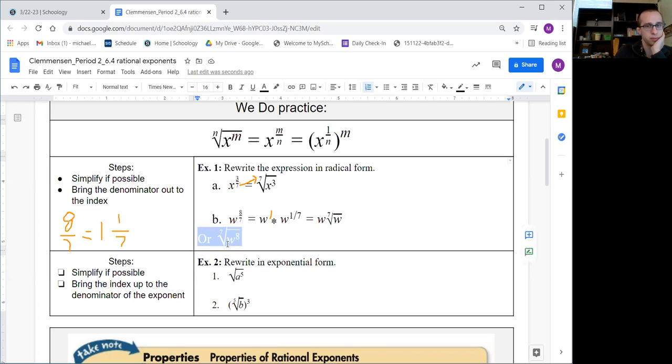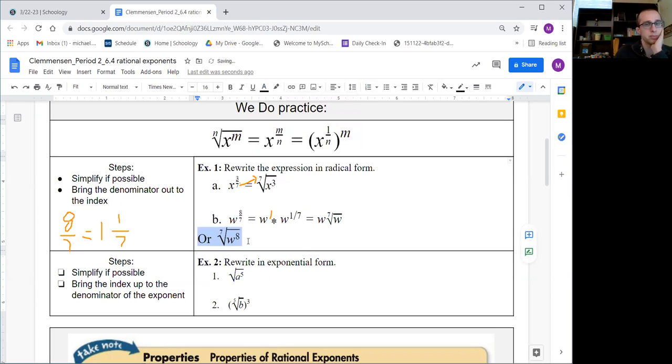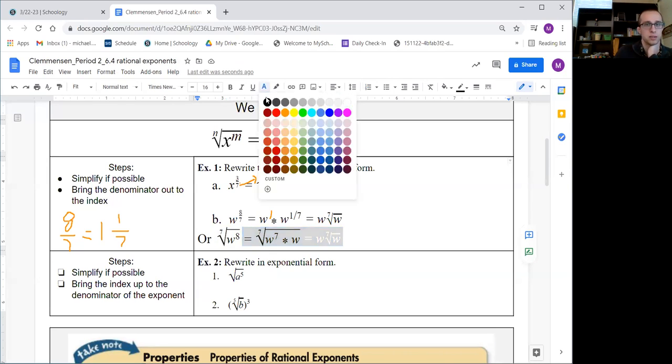We got our radical statement. We can rewrite it right away as that fraction. Then we can simplify from there. Just like we did earlier today with our warm-up, we can change this 8 into 7 and 1. That's 7, W to the 7th, and the 7th root cancels out. So we end up with the same answer in the end.